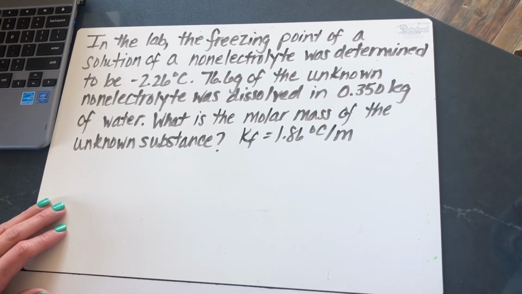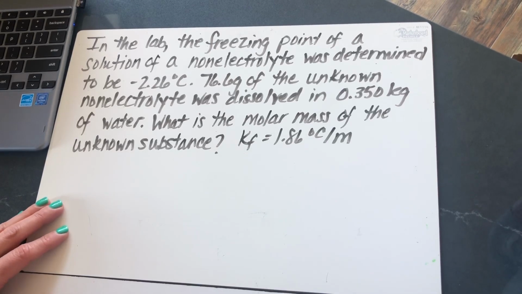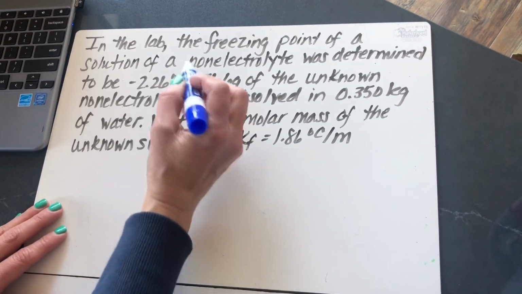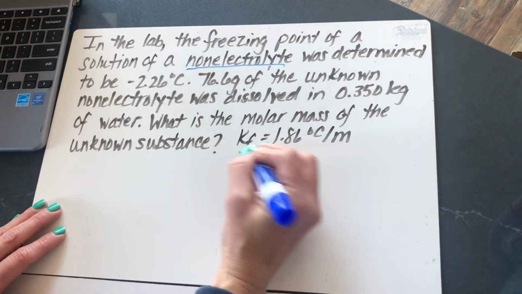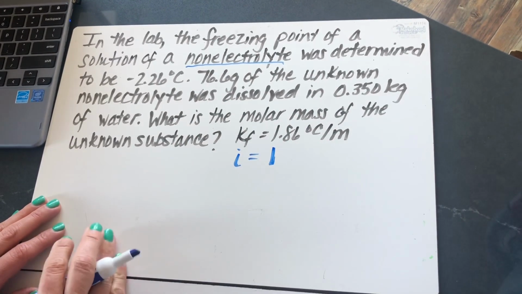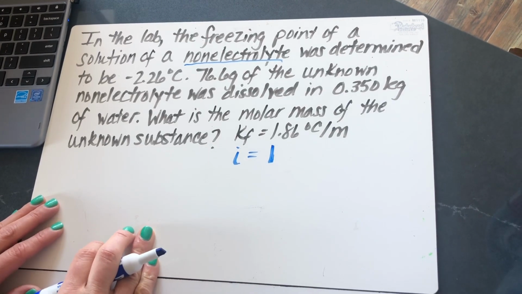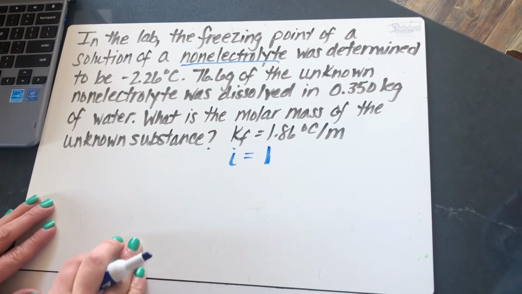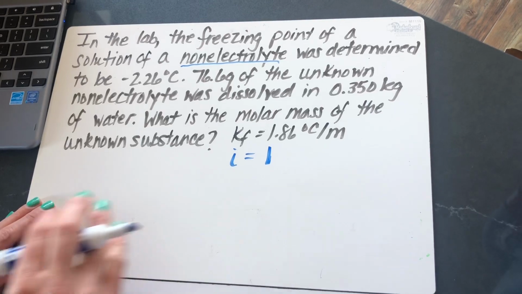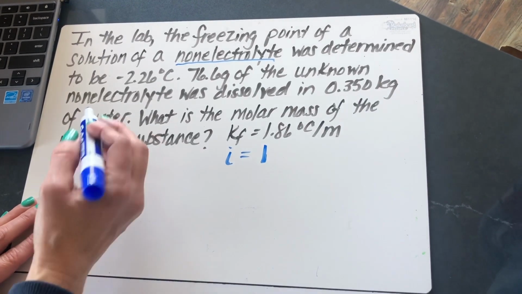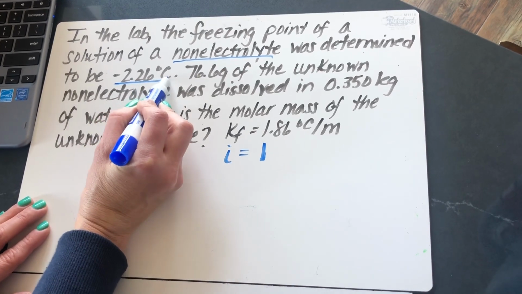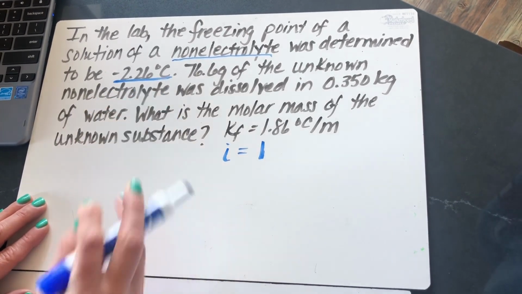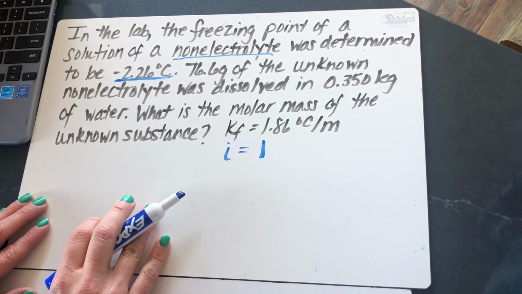So in this problem, they're telling us a few things. They are telling us that we have a non-electrolyte. So right away, we know our i value is equal to 1. Non-electrolytes do not dissociate in solution, so they just produce one particle. We also know that the freezing point value is negative 2.26 degrees Celsius.